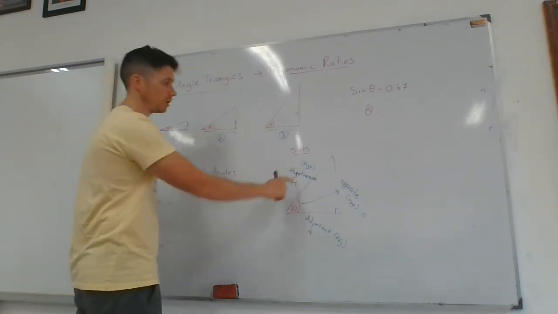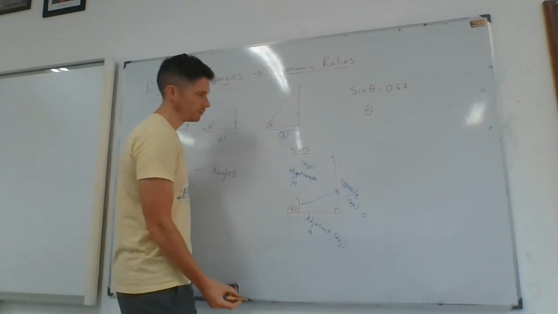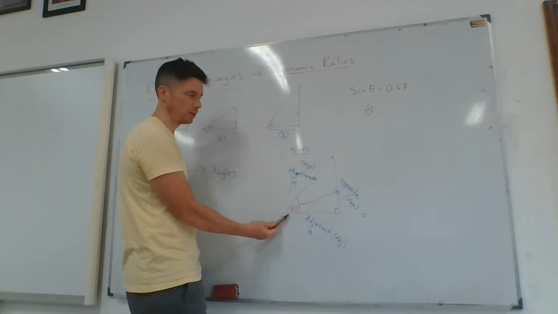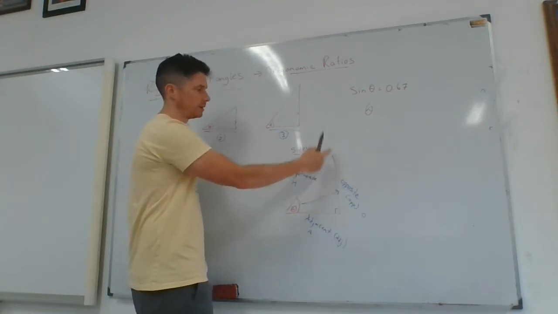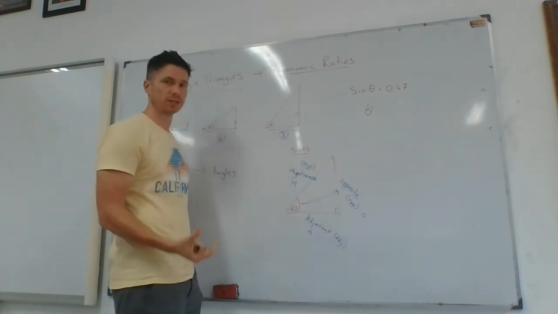Hypotenuse will always stay the same because it's always opposite the right angle. However, these two can switch depending on if you use this angle or this angle up here. If I were using this angle, this side is actually adjacent, and this side would be opposite, so it can switch around.